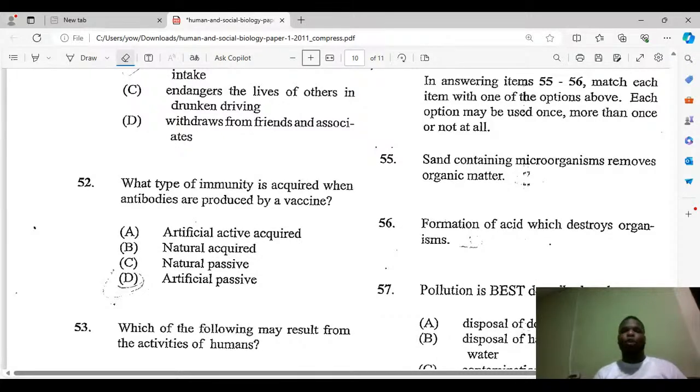Yes, but how would the vaccine be passed on to you, Tiana? Passive is when it's passed on. It has to be injected, doesn't it? Artificial passive. It has to be injected. And passive is when it's passed on.